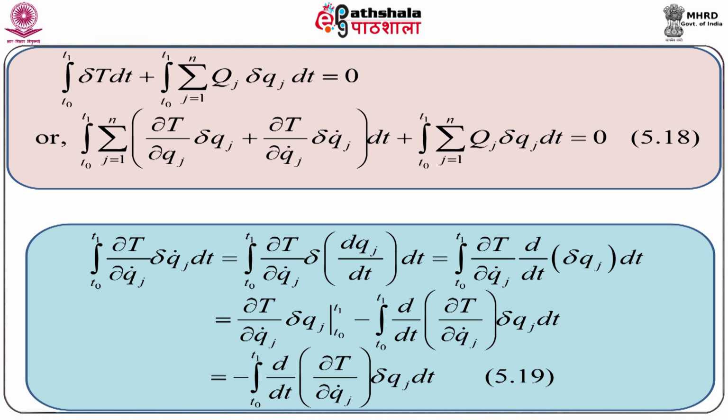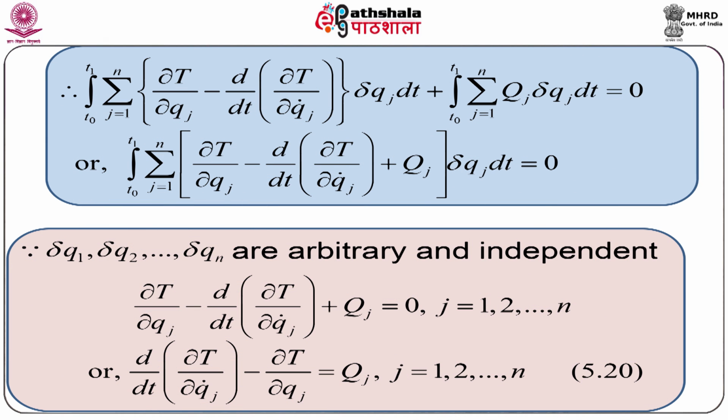We know that for prescribed end configurations, delta Qj at T0 vanishes and delta Qj at T1 also vanishes. So, we have integration T0 to T1 del T del Qj dot delta Qj dot dt equal to minus integration T0 to T1 ddt of del capital T del Qj dot delta Qj dt, since delta Qj vanishes at T0 and T1, we have already mentioned it.